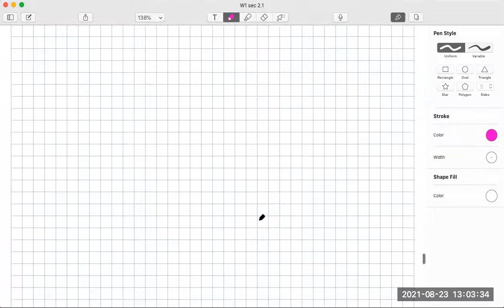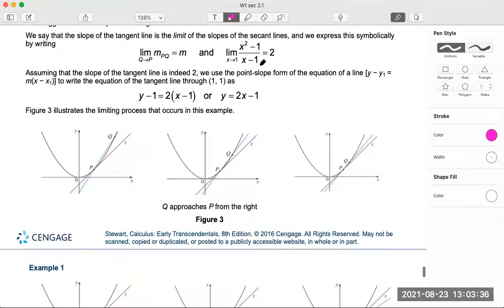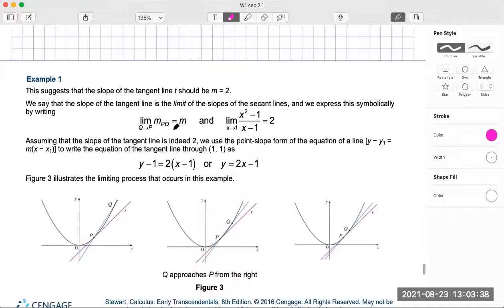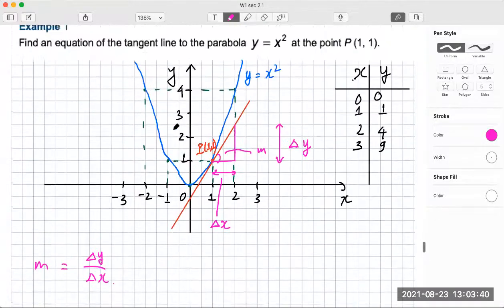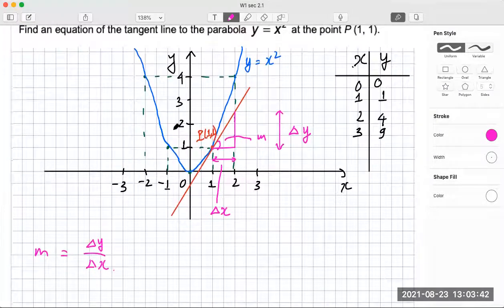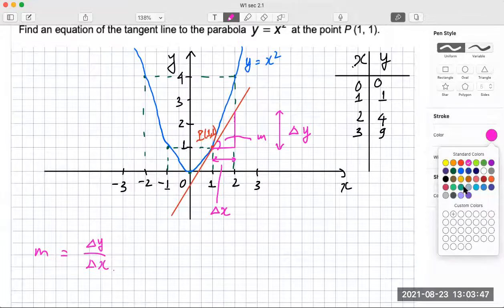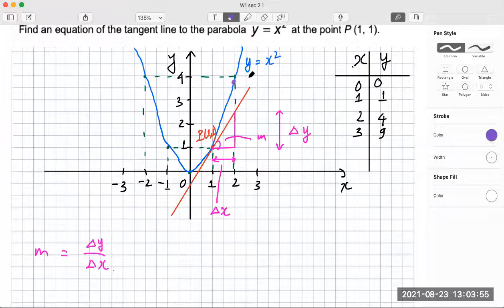Now let's take a look at the slope. You can take a look at the notes, or look at here. If we are given a point Q somewhere here, the coordinates of Q we don't know.